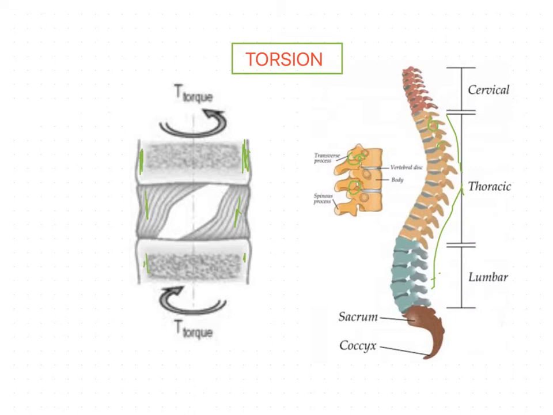For example, if the person is rotating to the left side, normally in the case of lateral bending, we can find some rotation in the vertebral bodies, isn't it? So these are coupled motions. Okay, so what will happen here?